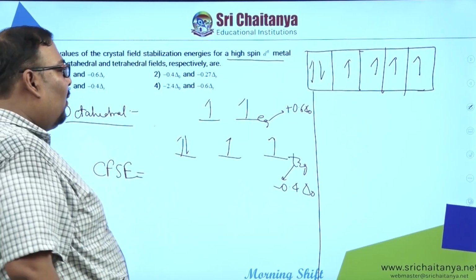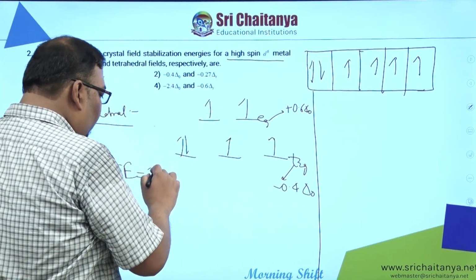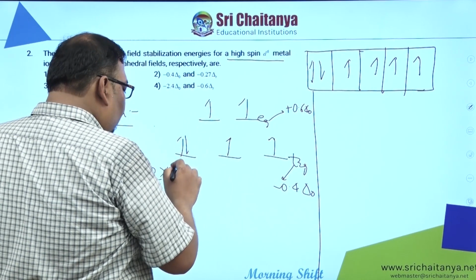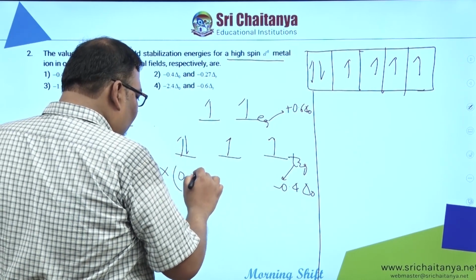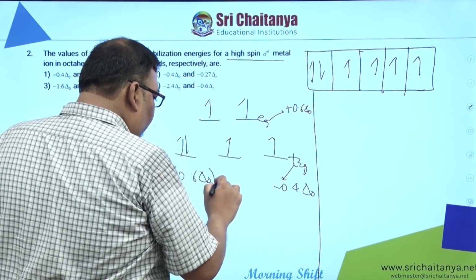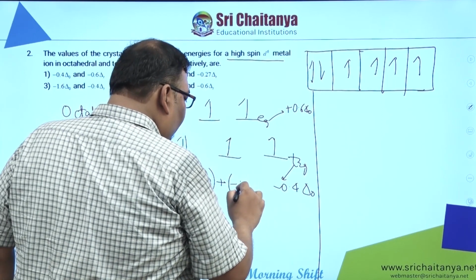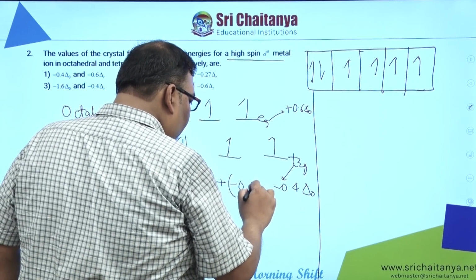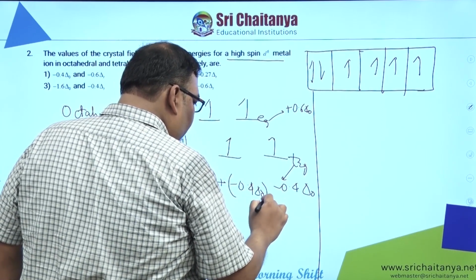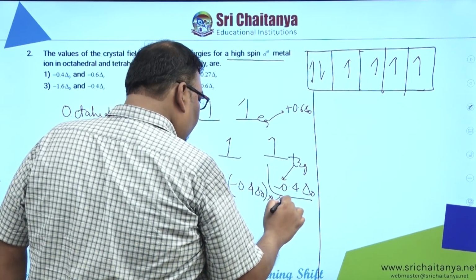If you are talking about the CFSE calculation, the total crystal field stabilization energy will be 2 into 0.6 delta naught plus minus 0.4 delta naught into 4.